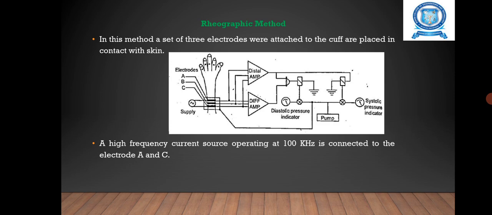A high frequency current source operating at 100 kHz is connected to electrodes A and C. The impedance between any two electrodes is measured before pressurizing the cuff, and then it is modulated in accordance with the blood flow pulsation in the artery. The same principle we saw before takes place here too; the only difference is that diastolic pressure and systolic pressure are shown by indicators.